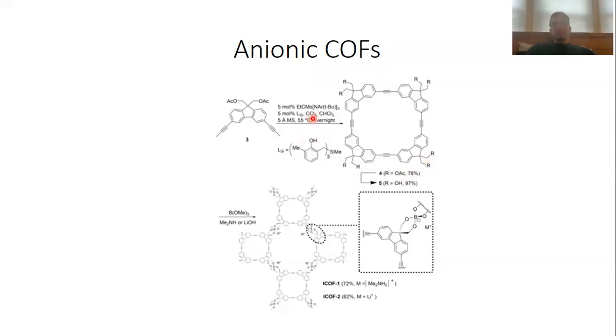So you see that here at the corners of that square, we have these groups R, and these groups are nothing else but acyl groups. And then what you can do is actually hydrolyze these acyl groups and react the respective OH groups with boron trimethoxy ester in the presence of a base as a catalyst.